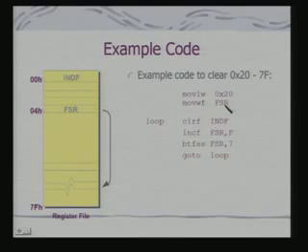Is this clear? So, we are accessing this register INDF, and as we are accessing INDF, we are actually clearing the location pointed to by FSR. The initial location FSR was pointing to what? 20. Okay. So, that location will get cleared, and then you are incrementing FSR and going through that loop.